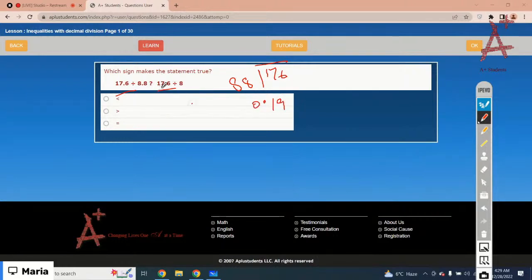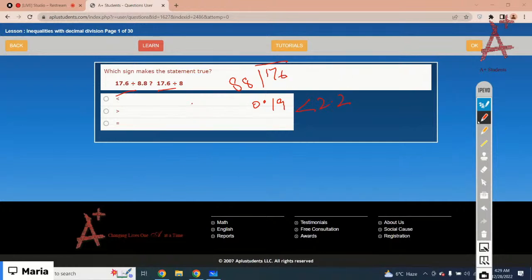Okay, then you have to divide 17.6 by 8. 8 doesn't have any decimal point. Got it? So just divide them. 17.6 divided by 8. It would be 2.2. You have to compare the numbers. So 0.19 is greater than 2.2 or less than 2.2. 0.19 is less than 2.2.